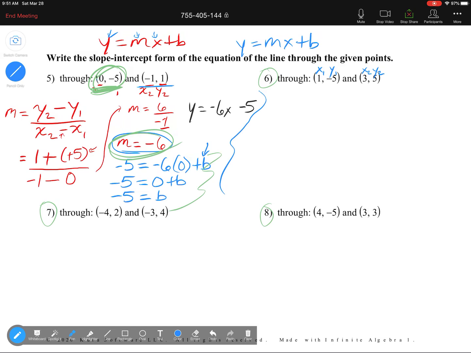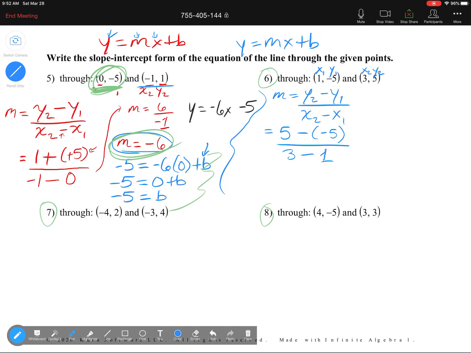Now, we're going to go ahead and first find our slope. M is equal to y2 minus y1 all over x2 minus x1. Plugging in our values where they appropriately belong, we have our y2, in this case it's 5, minus our y1 is negative 5, all over our x2 is 3, minus our x1 is 1.